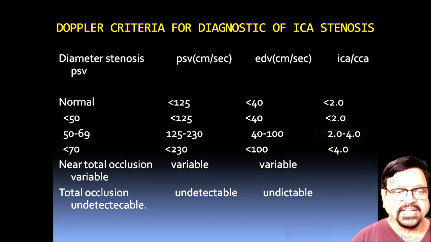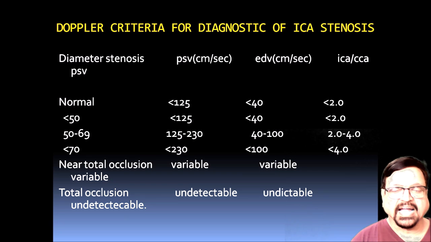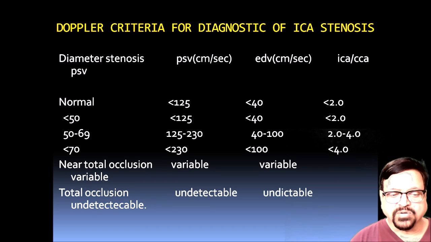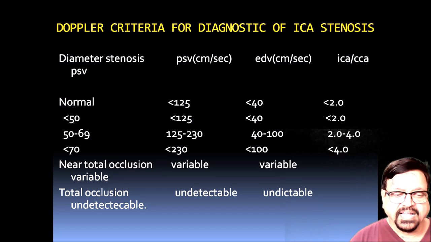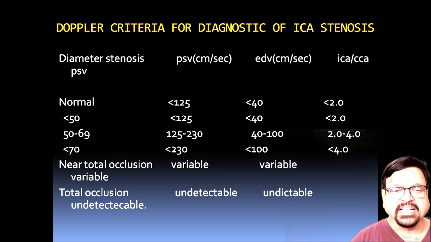Now you can go through it. What happens if it is normal? Then less than 50%, 50 to 70%, and more than 70%. Near total occlusion, the criteria is also given, and total occlusion, if it is undetectable, then also it is given in the chart.